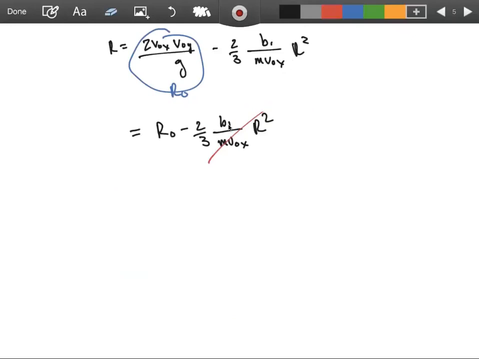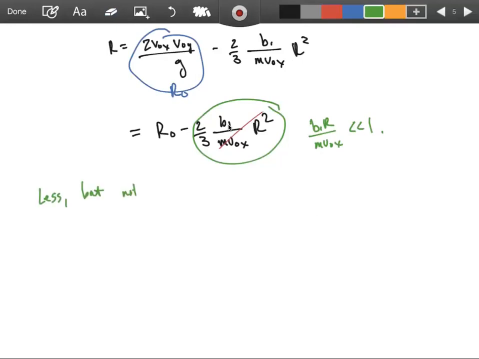So ultimately the range is going to be less, but it's going to be less by a small amount, at least in this case, because we're doing a Taylor series expansion. What I know is that this distance here is going to be very small because B1R divided by MBX we know is much, much less than 1. So it will be less, like our expectation said, but not by a very large amount. At least in this case.